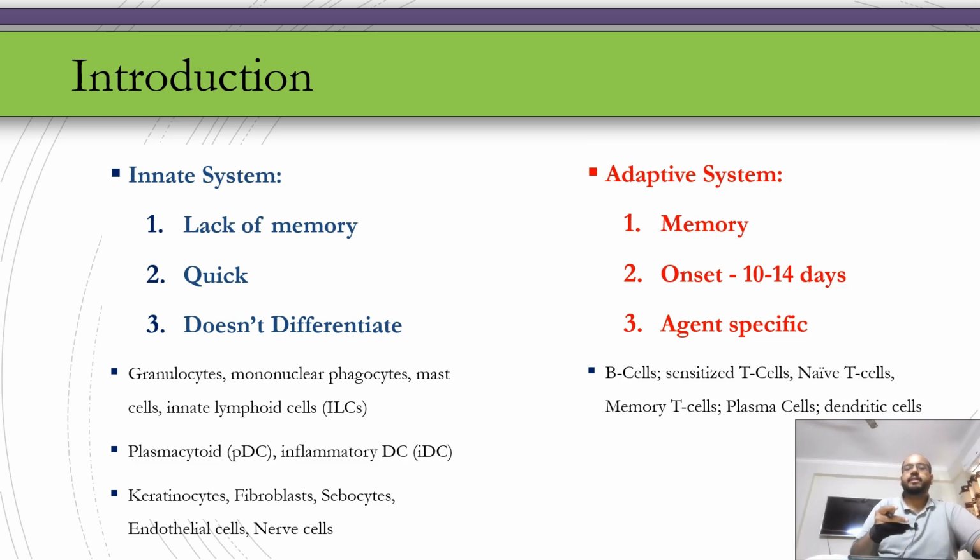As I've said, in immunity, we can easily divide it into innate and adaptive. There are further other divisions also, but majorly these two types of divisions are there. So innate system is non-specific. It lacks memory. For example, if an innate immune cell gets sensitized by an antigen, the subsequent population of that cell acts as a new cell, not a sensitized cell.